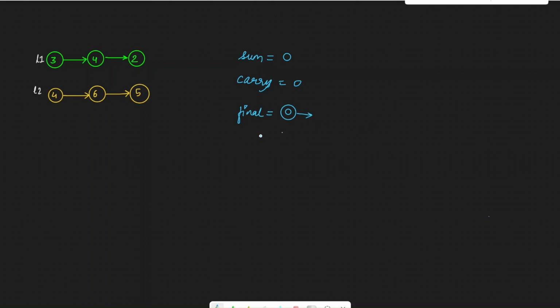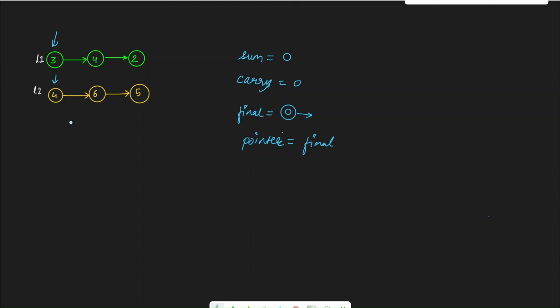Now for adding elements to this final, we will need a pointer. So I will call this pointer and initialize it as final. Currently it points to the head of final, so by this we can traverse to the next elements of final. Now let us start traversing these linked lists and adding.